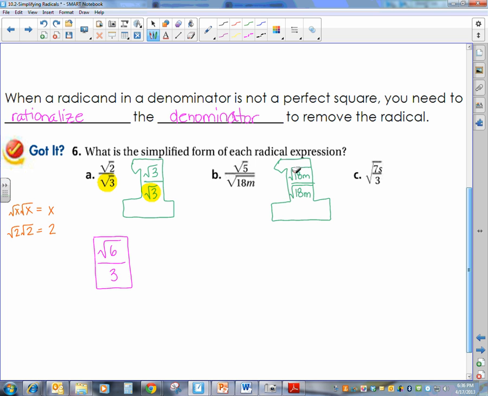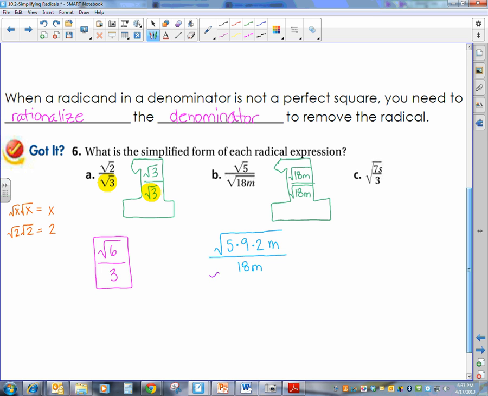On the top, I have the square root of 5, and 18 happens to be 9 times 2 times m, over square root of 18m times square root of 18m is 18m. Okay, we've talked about that.